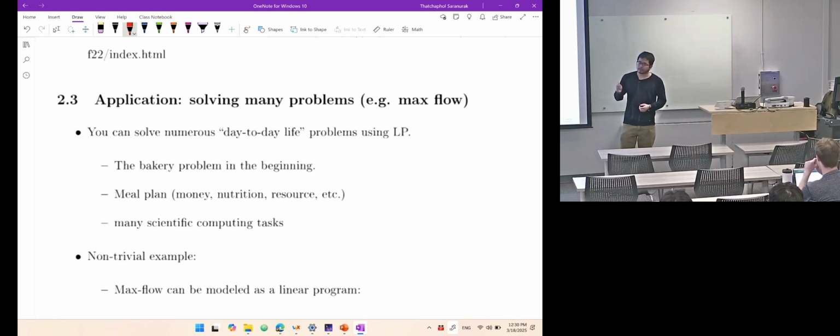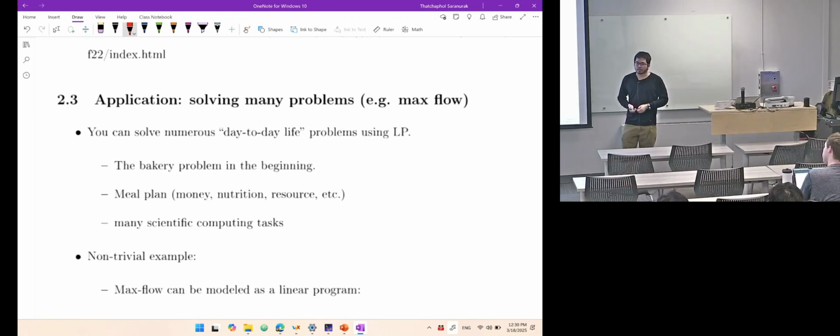Exactly. So the first is the capacity constraint. For each edge, the flow needs to be at most the capacity. The second is flow conservation. For every node that is not source and sink, you need that inflow and outflow must be the same.